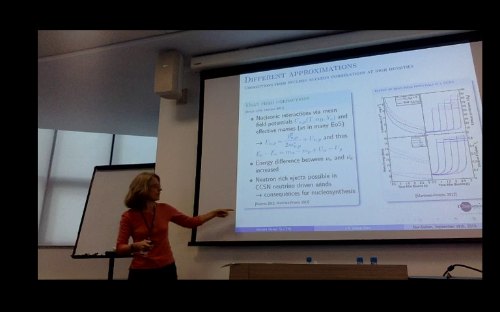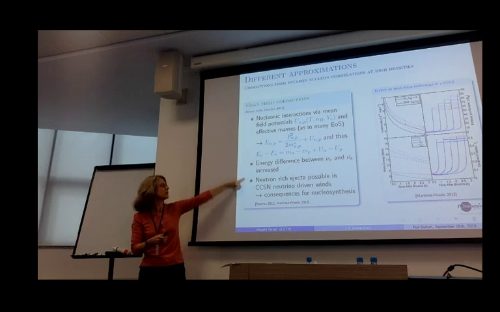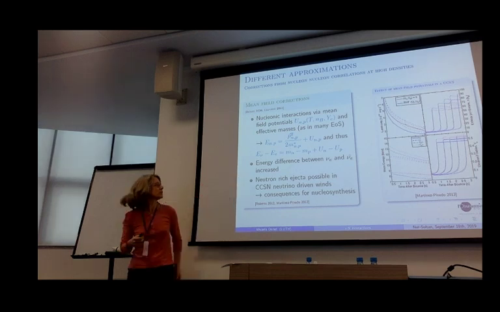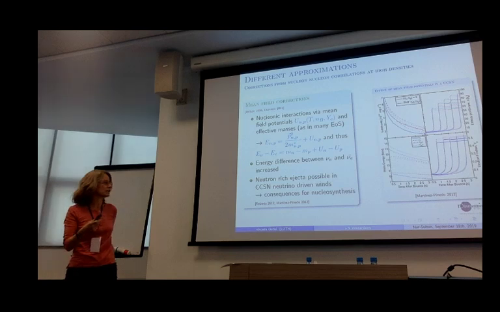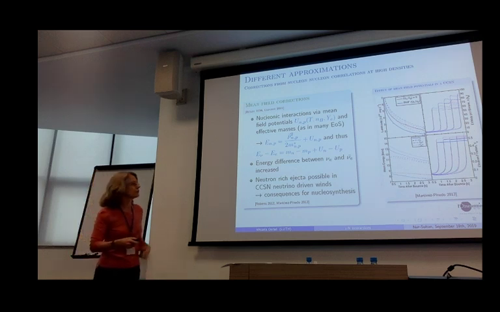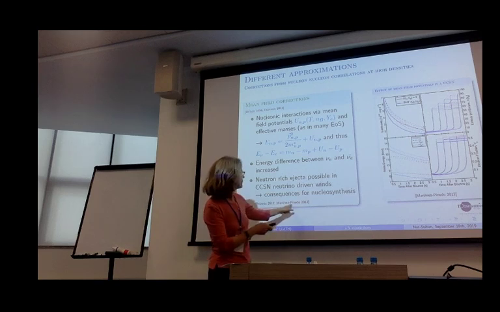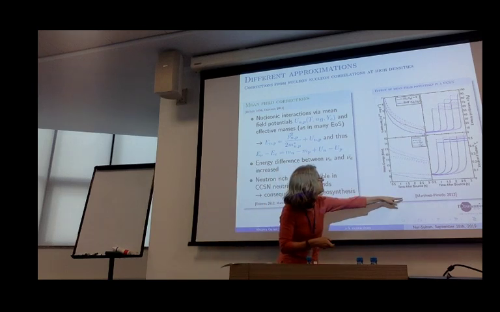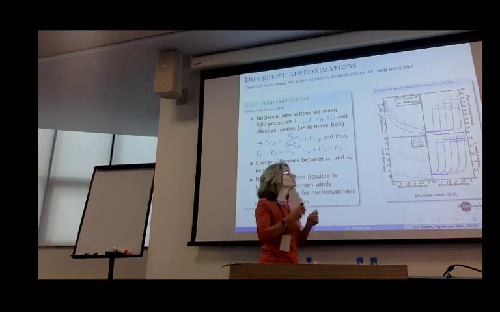From these two papers, the main conclusion is that if you include these mean field corrections, then neutron-rich ejecta are possible in neutrino-driven winds of core collapse, and this of course has consequences for the nucleosynthesis. As an example, this is from this paper here. What is shown is a comparison of including or not including these mean field corrections in the neutrino interactions.